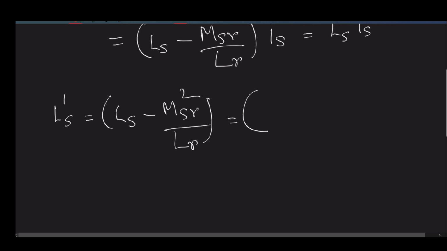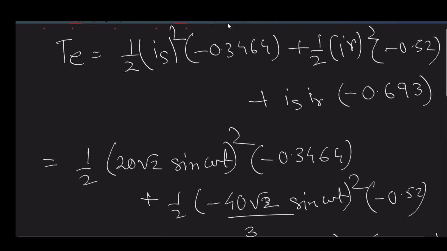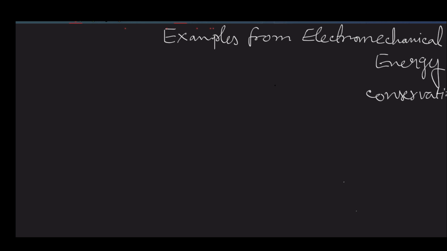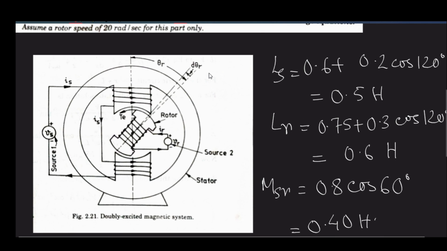What was your Ls? Ls was 0.5 minus 0.4 square divided by 0.6. We are getting this value from the very first calculation. For all that case we are considering the initial position is 60 degree, that is why we are getting these values.